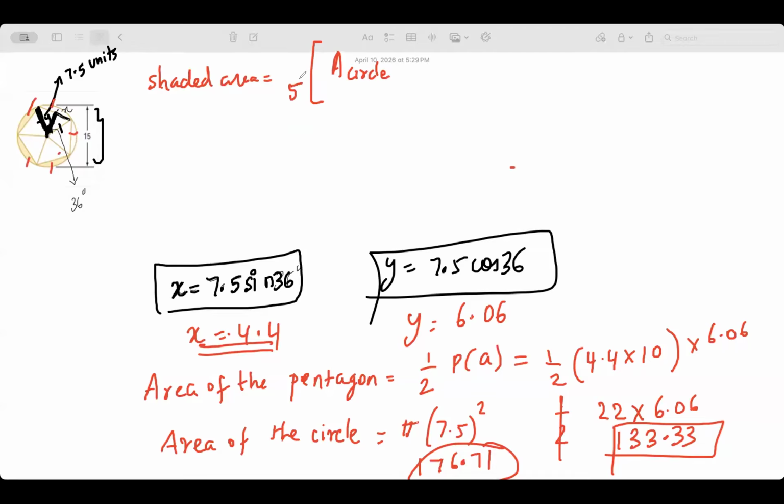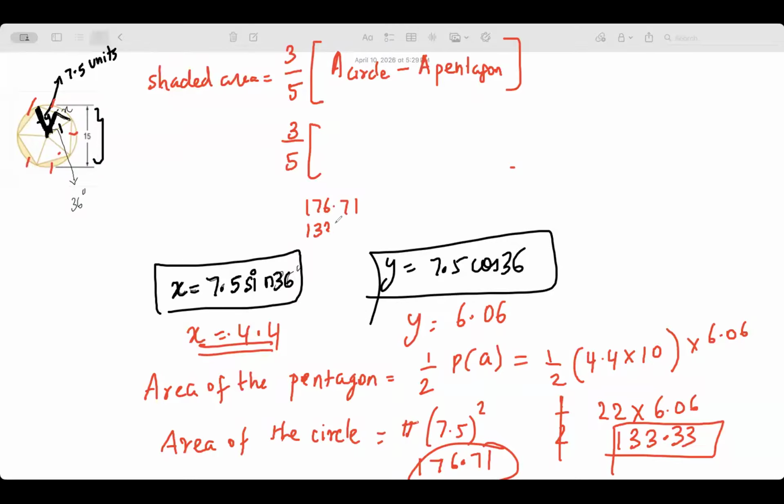Out of the 5 parts, we just need 3 of the parts. So the shaded area is 3/5 of the area of the circle minus the area of the pentagon. Any questions here? Dia, did you follow? Yeah, I get it now.